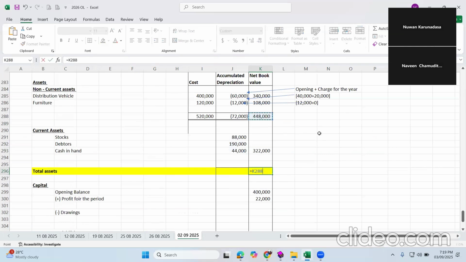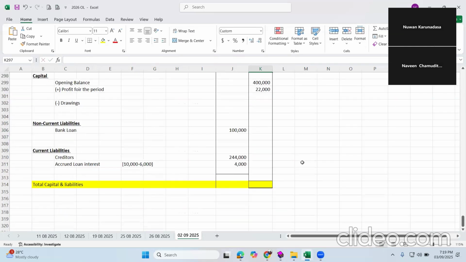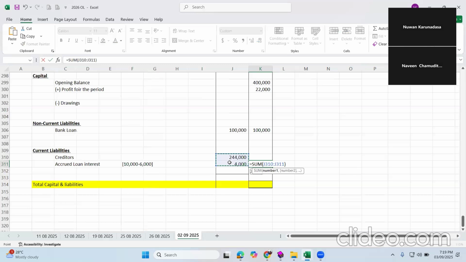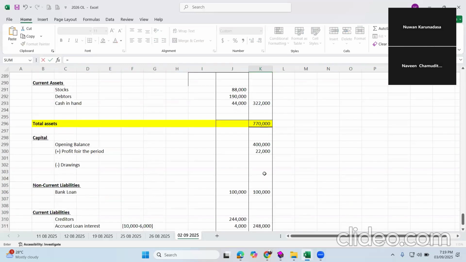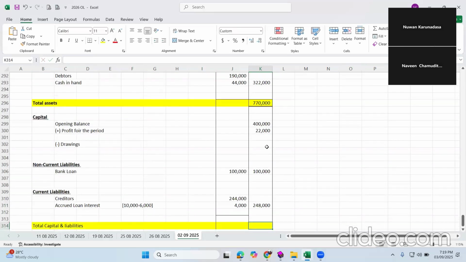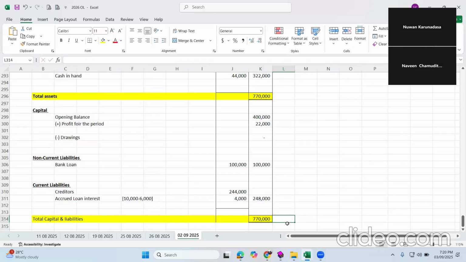Total assets equal capital plus liability. Total assets came 770,000, and here no drawings. Yes, 770,000. The question is properly balanced.